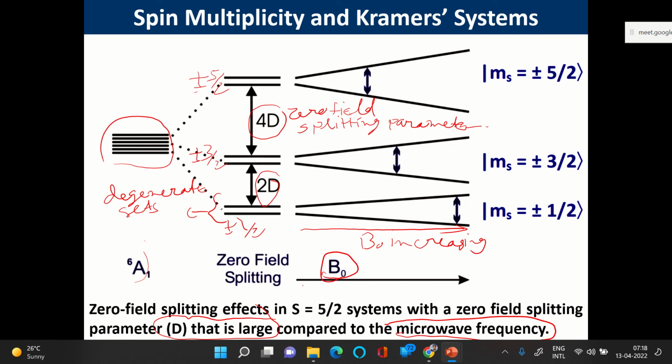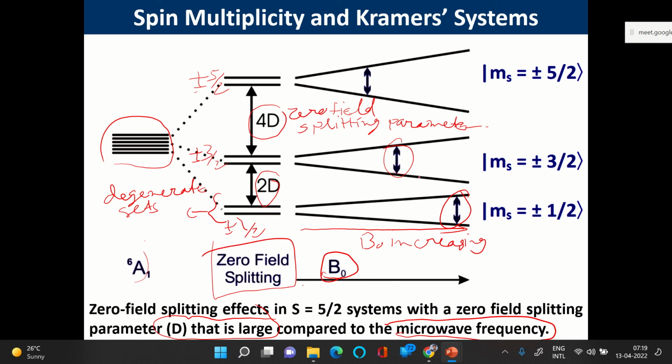Each of these pairs is called a Kramer pair. Now when you apply a magnetic field, the degeneracy is lifted, and none of the levels are crossing. You can see that because the initial zero field splitting is so high, and the microwave frequency is less.